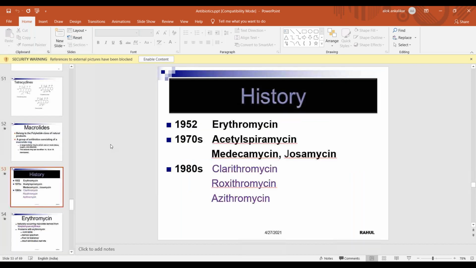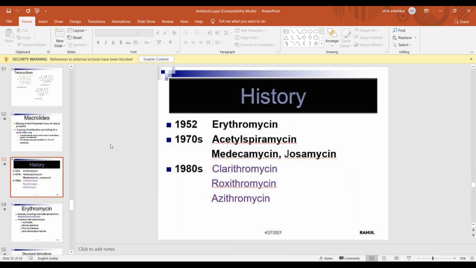Okay, so this is the history of macrolide antibiotics discovery, beginning first with picromycin and then followed by erythromycin. Then there is acetylpyramycin, medicamycin and josamycin, and then in the early 80s were discovered roxithromycin, azithromycin and clarithromycin.